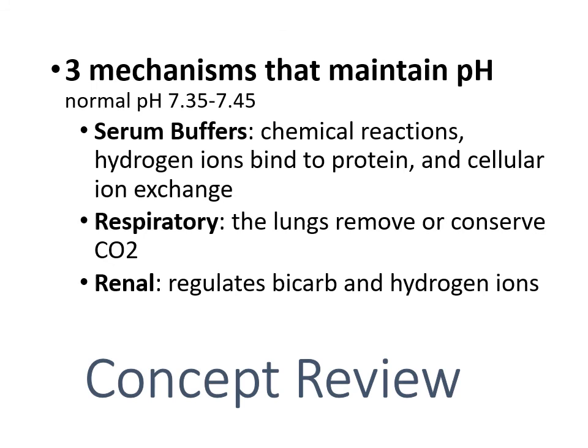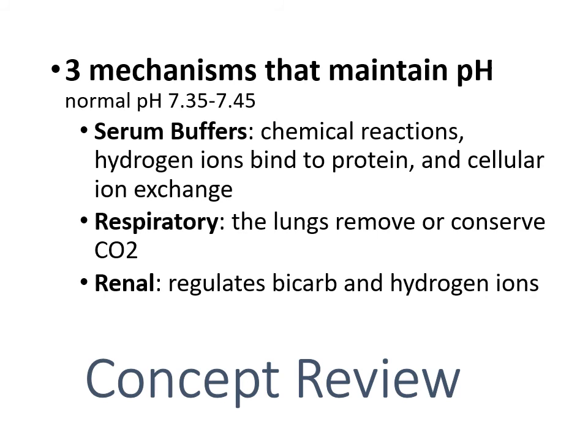Okay, so let's just have a little review here of the buffering systems. I'll give you an example. A patient comes in with pretty severe metabolic acidosis with a pH of 7.0. Okay, that's pretty significant.